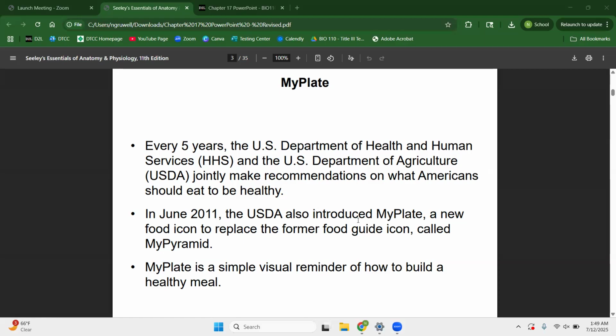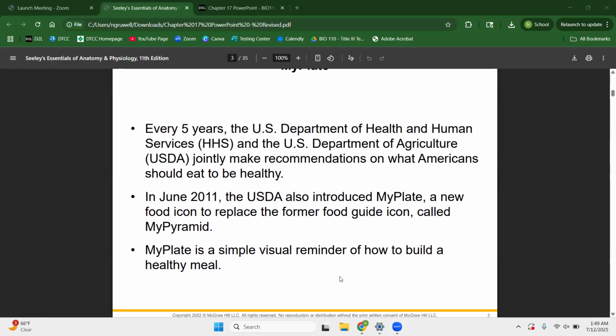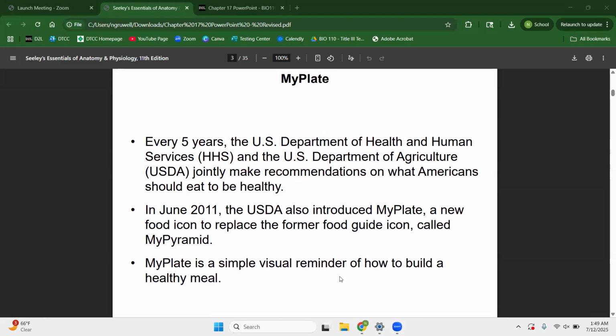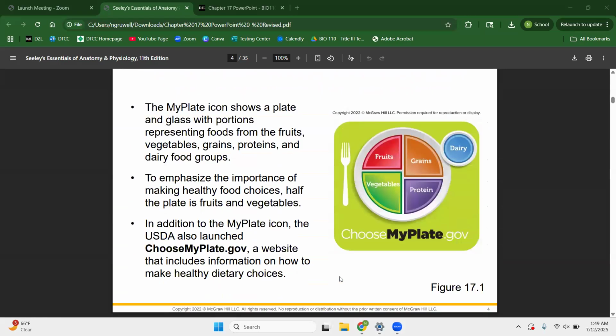That got replaced by MyPlate. And so you may have seen this in your schools growing up in the cafeteria and the hallways. The reason they replaced MyPyramid with MyPlate is that it's a simpler visual reminder of how to build a healthy meal, and it's a little bit easier to understand than the pyramid was.